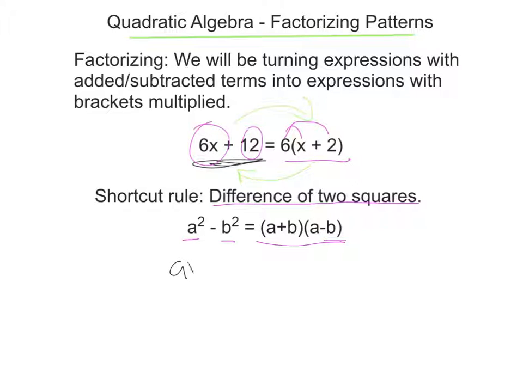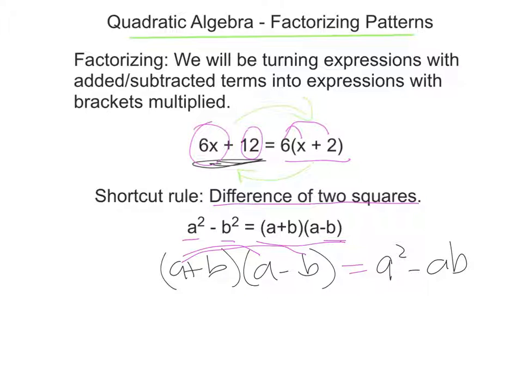So a plus b multiplied by a minus b, if I'm expanding it, I need to multiply a times a, and that gives me a squared. Then I need to multiply a times b, and that gives me minus ab, because this minus here goes with the b.